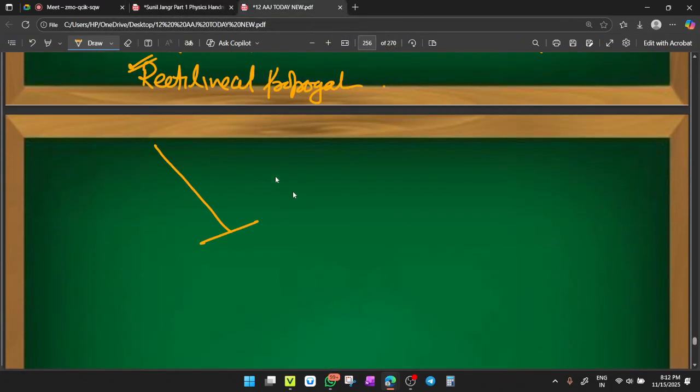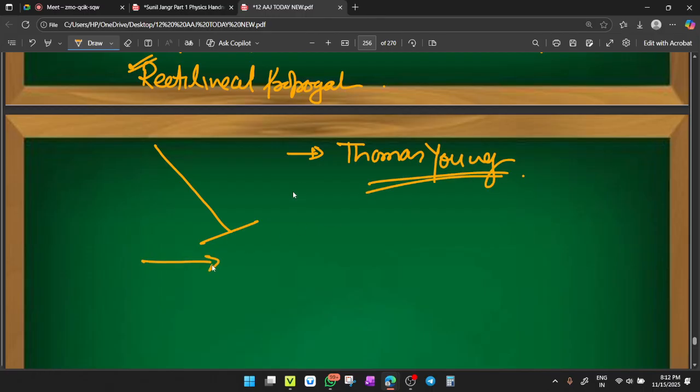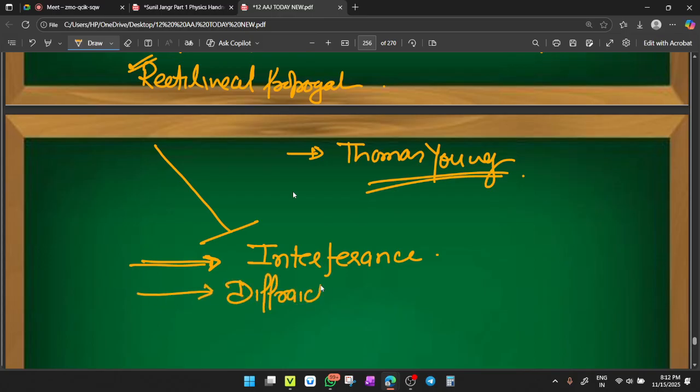But a young scientist there, the name of that scientist is Thomas Young. He performed a few experiments, and the names of these optical, wave phenomena are interference and diffraction.